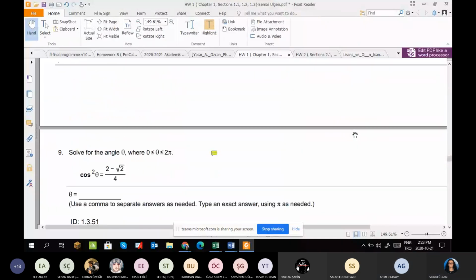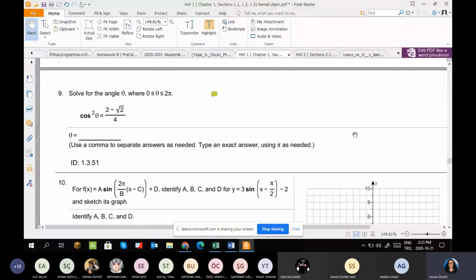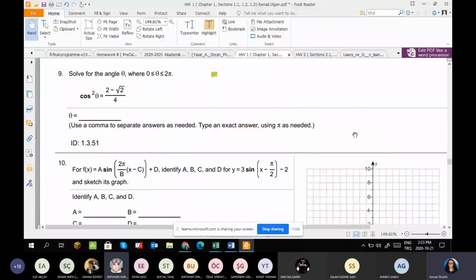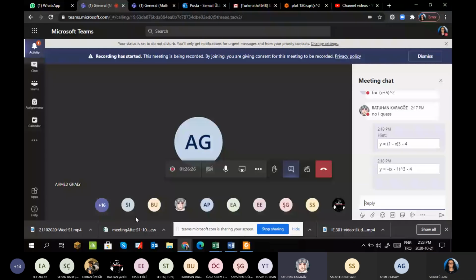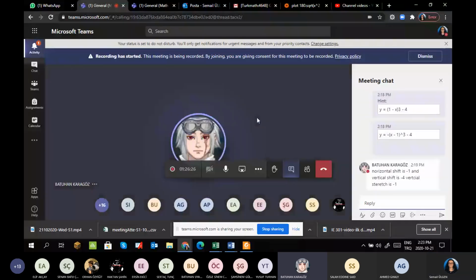Let's do number 9. Can I ask something? Sure. Vertical stretch is at the beginning of the formula, not -1. I thought it was like that, but you said it is.